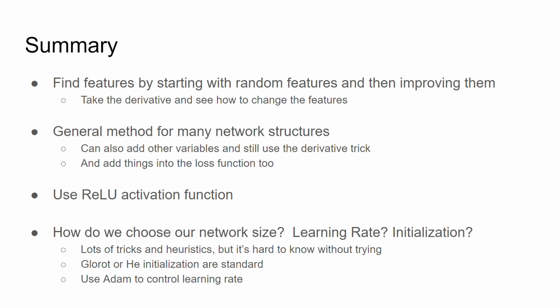Using the ReLU activation function, these initializations, and Adam helps a lot with making it less of a blind search, but it's still hard to know exactly the size of network you might need.